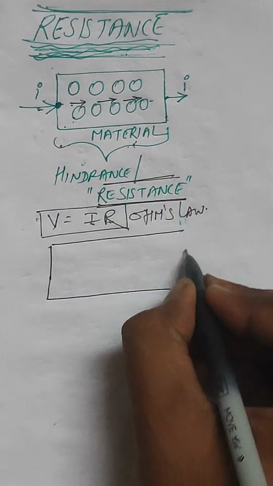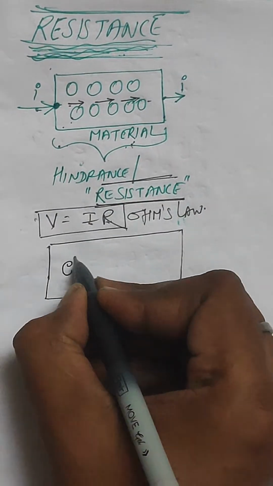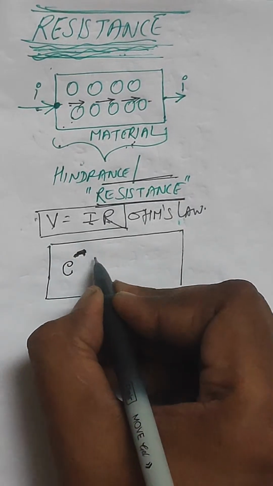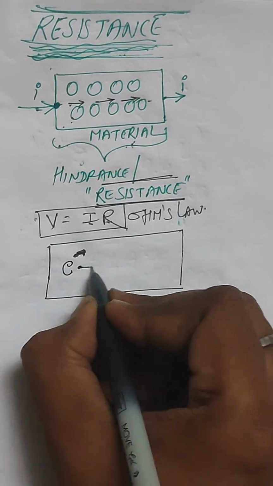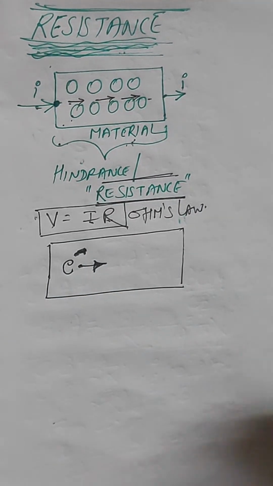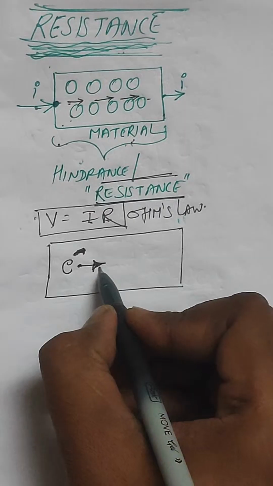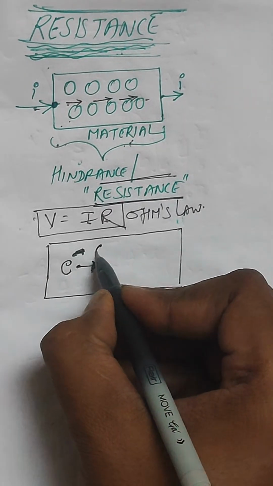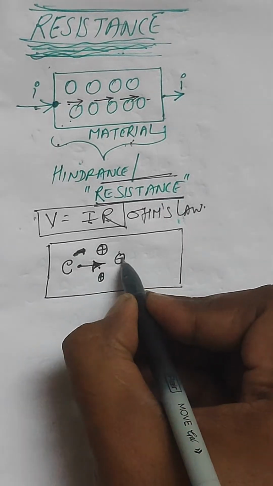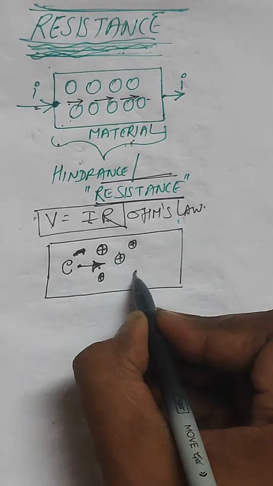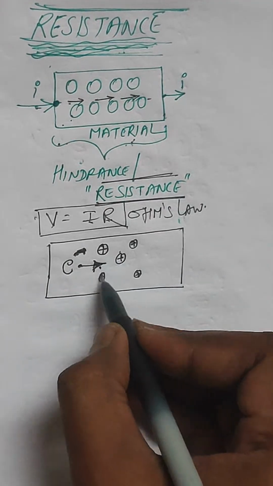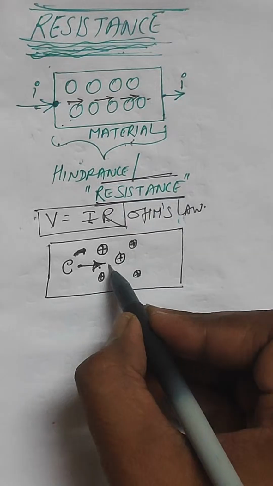If current is flowing, that means electrons are moving, right? And there will be protons, that means positively charged ions, across every material. So they will create some hindrance to this flow.